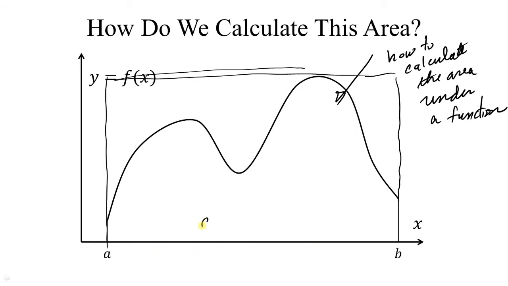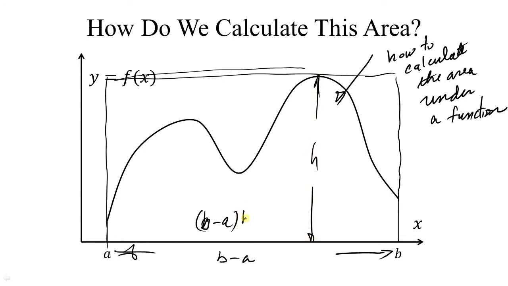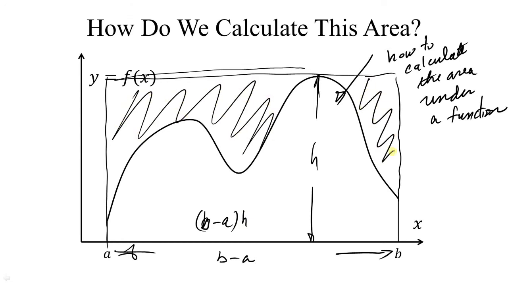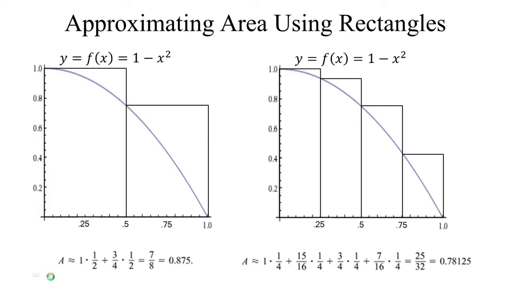The area would be B minus A, which is the length of the curve between A to B, times, say, the peak height here, and obviously we would be in error by this much. Well, if you think about it a little bit, we can do better than that.